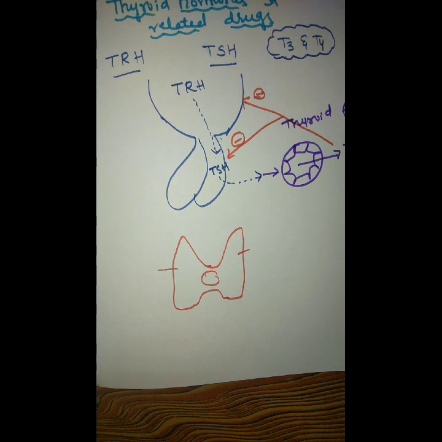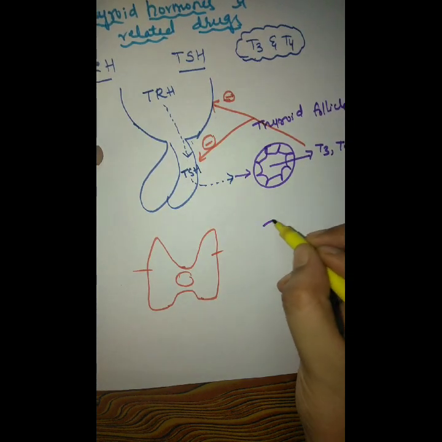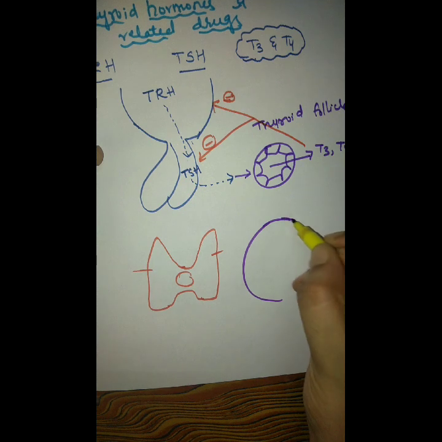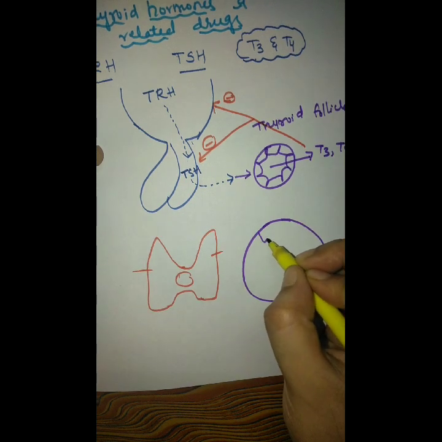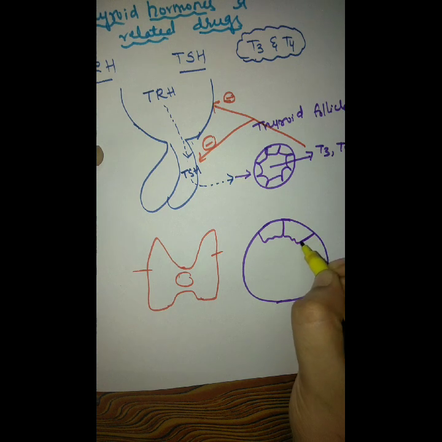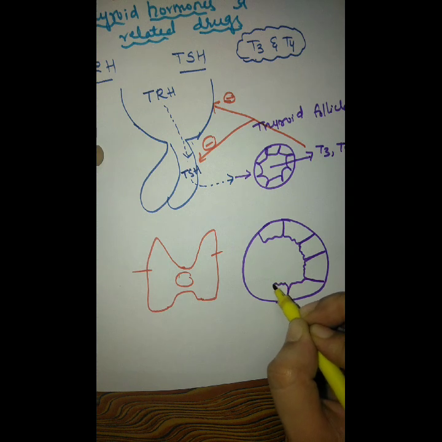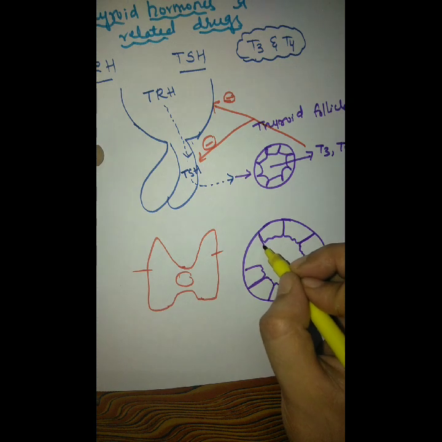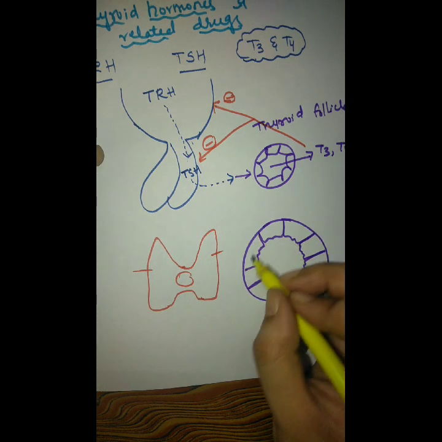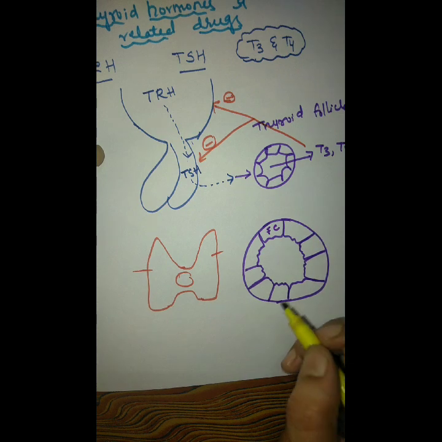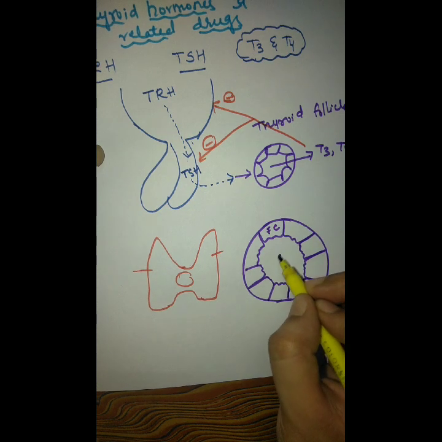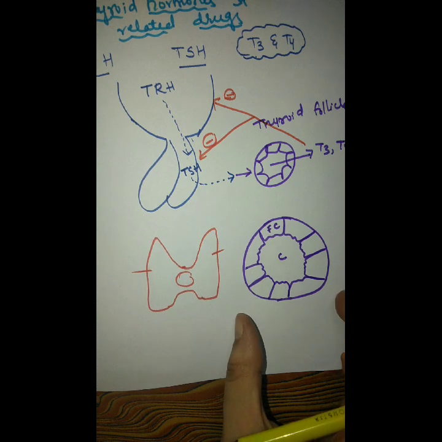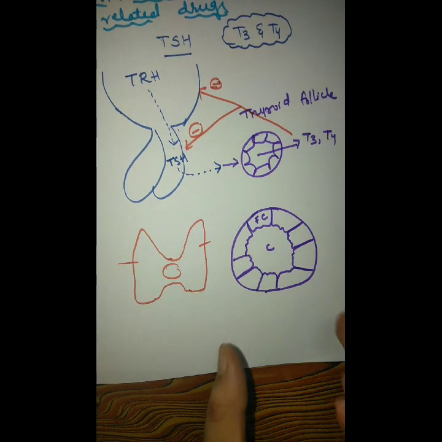So these are thyroid follicles. These basically contain follicular cells. Suppose these are the follicular cells. FC I'm writing follicular cells, and at the center the structure is known as colloid. Okay, so basically this thyroid follicle is where T3 and T4 is synthesized.